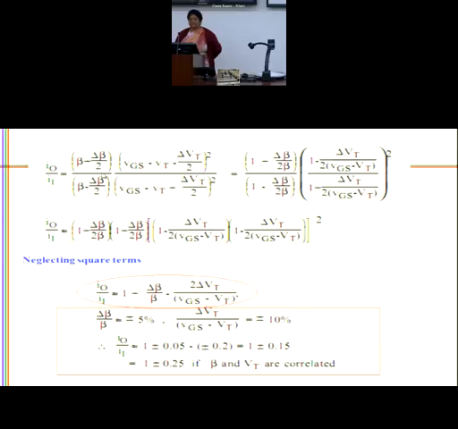So what I do is that from this equation I take beta outside, and from this expression I take VGS minus VT whole square outside. Similarly I do from here.